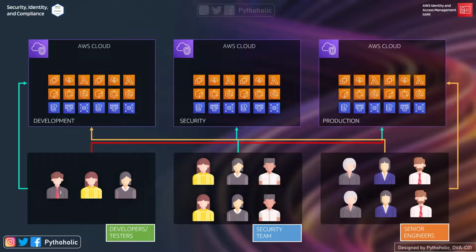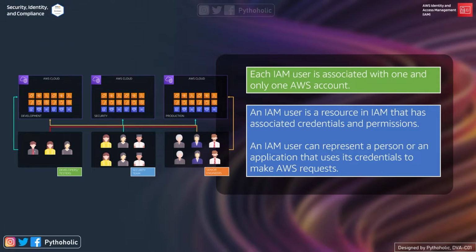But here you may ask me if AWS IAM is sufficient to manage all the AWS accounts in the organization. And I would say no. We still have services like AWS Organizations that can help us manage multiple accounts under one roof, but the underlying permissions are still managed by IAM. And that is why we must understand what AWS is trying to tell us. Each IAM user is associated with one and only one AWS account.